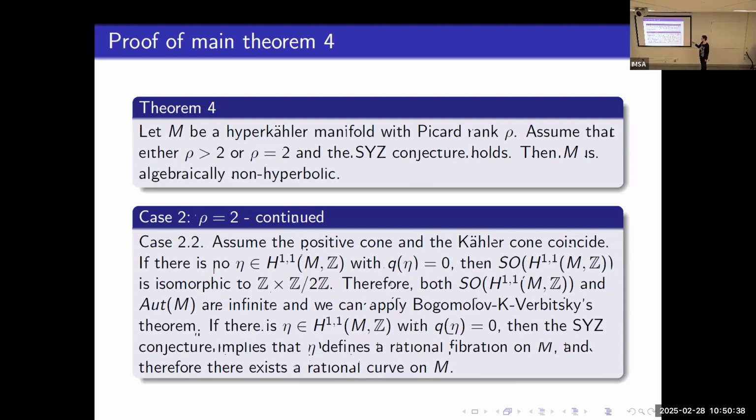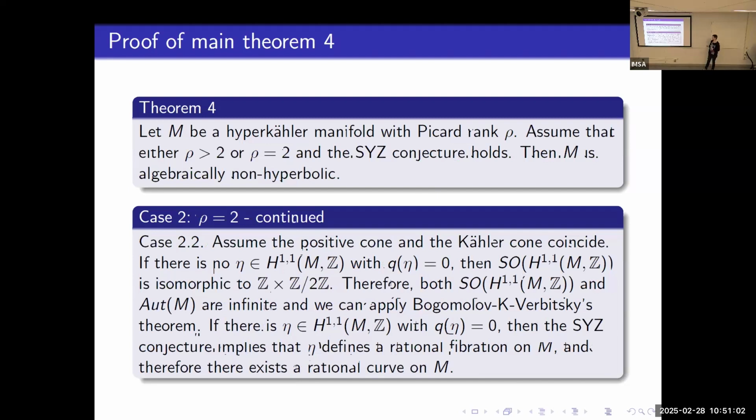Let's take two cases. Either there is a class which is parabolic and non-trivial, and then we can apply the SYZ conjecture by getting a rational fibration and then getting rational curves. Or such a class doesn't exist.